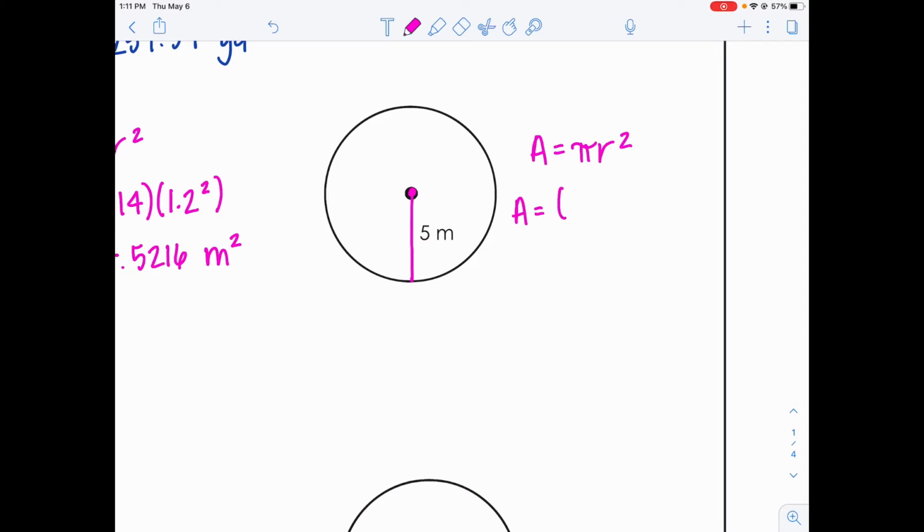Plugging in 3.14 for pi. The radius is 5, so we'll do 5 squared. And now we're going to plug it all into the calculator. 3.14 times 5 squared tells me that the area of this circle is 78 and 5/10 meters squared.